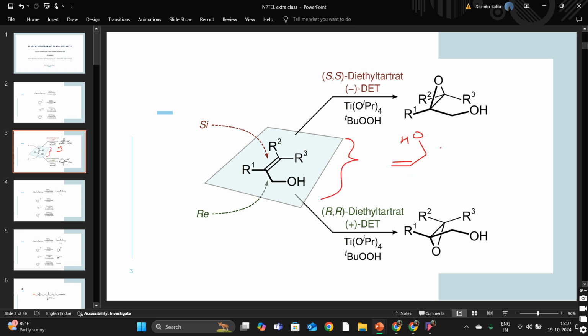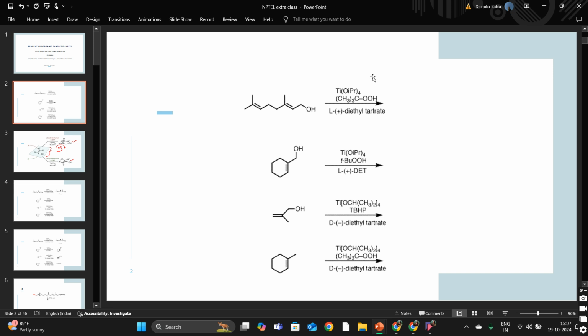For that you just have to simply rotate the substrate by 90 degrees. Because if you do not visualize the molecule in this way, you will sometimes not be able to write the correct product. So keeping this trick in mind, let us go back to our questions.